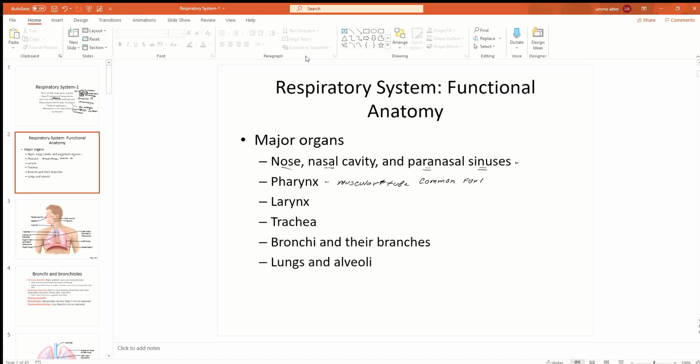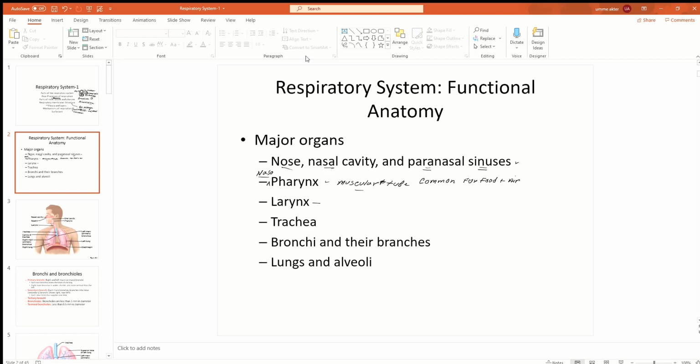Only the uppermost part is for the air, that is called the nasopharynx. Other parts are for both food and air.